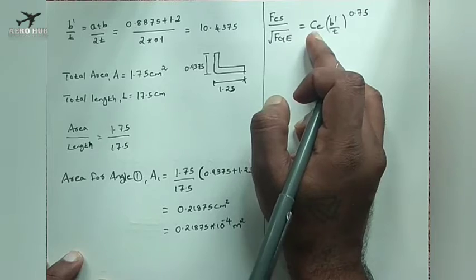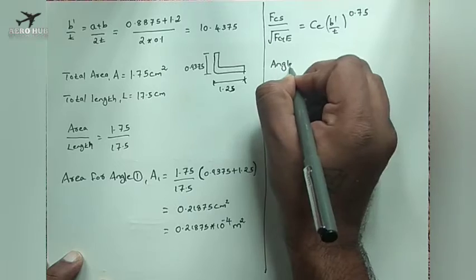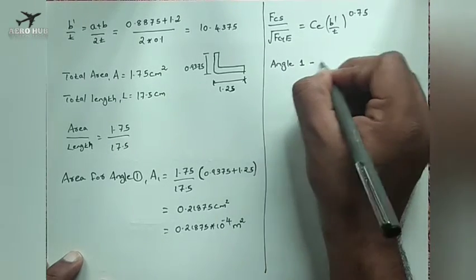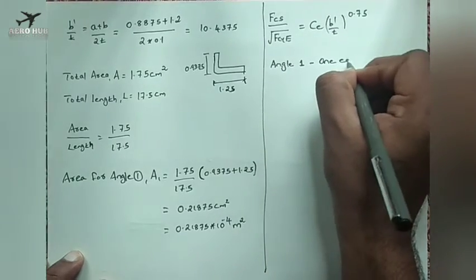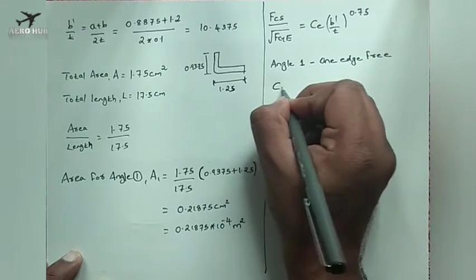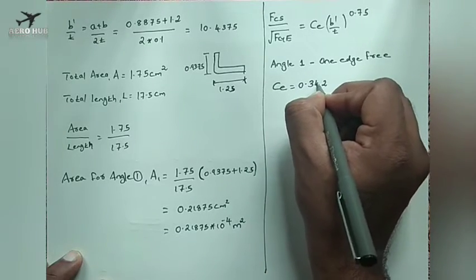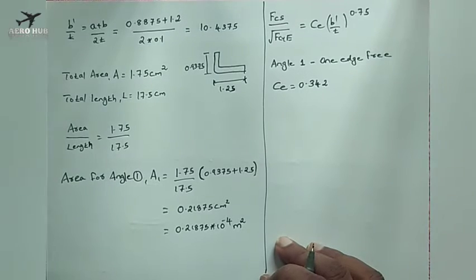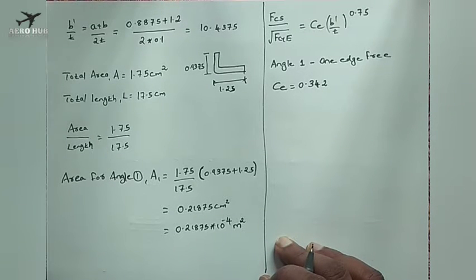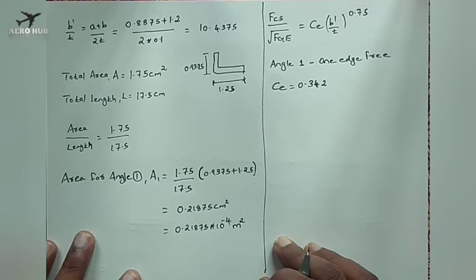The value of CE: the angle 1 has one edge free, therefore the value of CE is 0.342. We have discussed this in the previous lectures. CE is the end fixity coefficient for one edge free, two edge free and no edge free. So the value of CE for one edge free is 0.342.